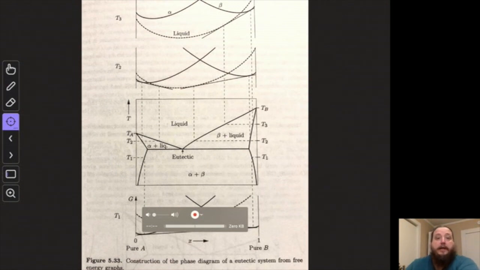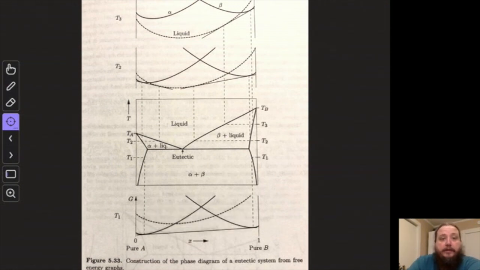So in the case when we have a miscible liquid, for instance here, we can see that the liquid phase is concave up at all mix ratios, and therefore when we are in the liquid phase, the substance will be a homogeneous mixture at all mixture ratios.